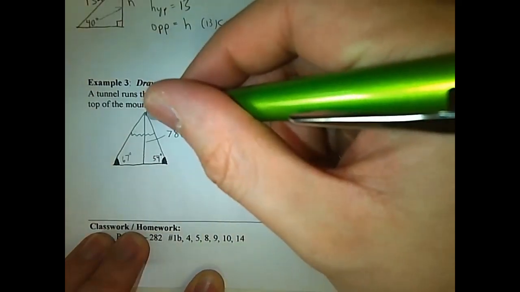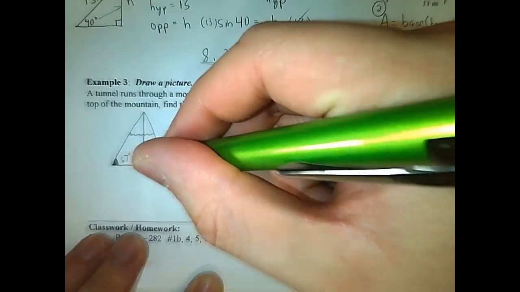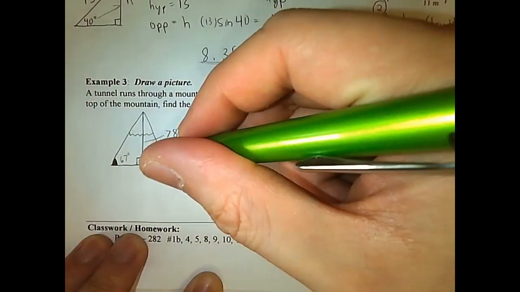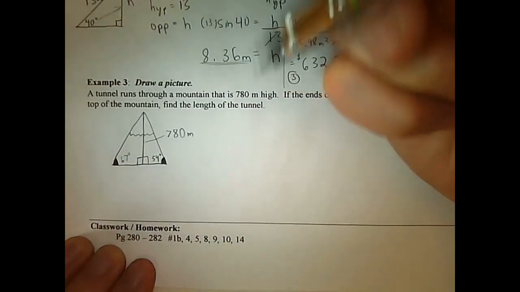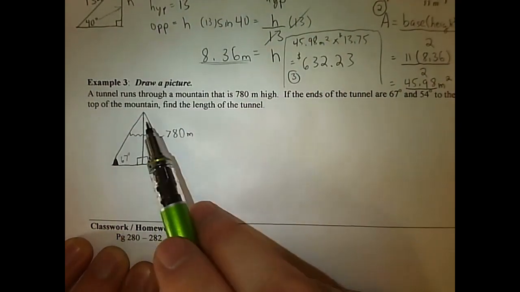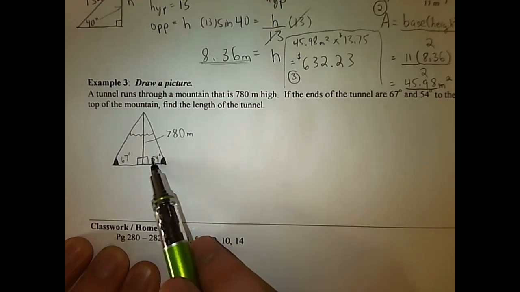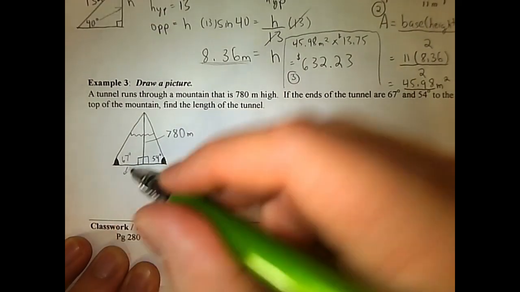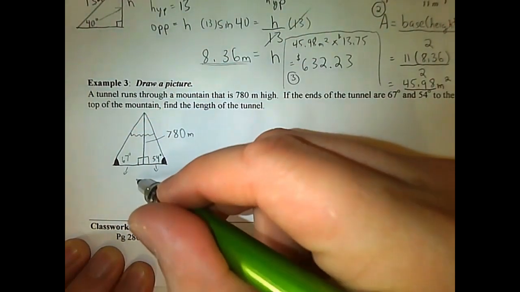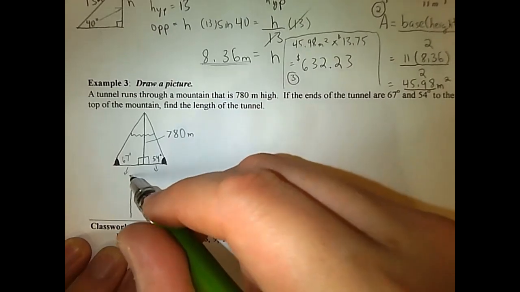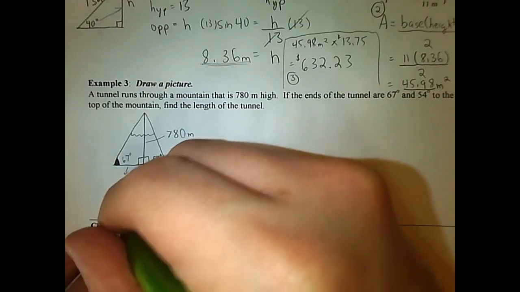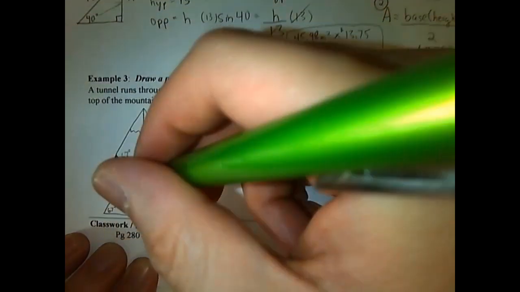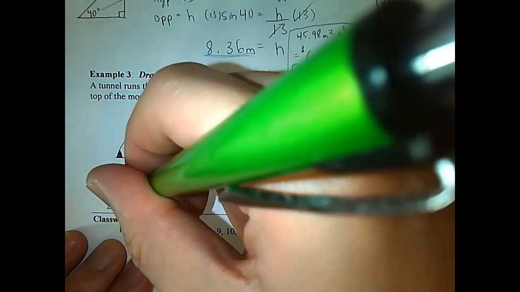I mean, if I'm discussing the height of this mountain, there's obviously a 90-degree angle here. And if there's a 90-degree angle there, there's got to be a 90-degree angle here. So again, we have our triangle, and when we put our line in here, it splits it up at 90 degrees. And now I have two triangles. I have this triangle, which has an angle measure of 67 degrees and a height of 780 meters.